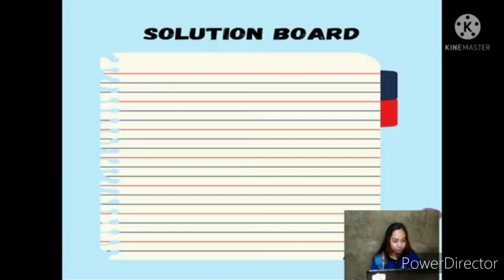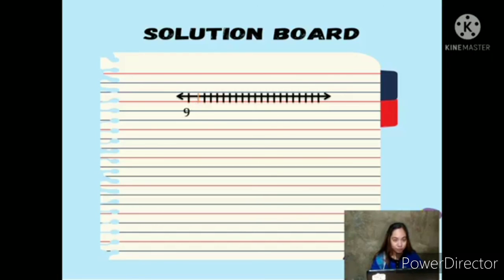Show the solution. So, we draw a line. And maglalagay tayo ng mga lines. And ang lines po na ito ay may bilang na 20. And ipi-place natin dito ang 9.